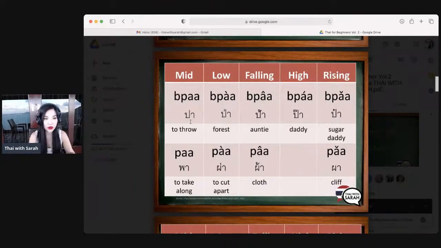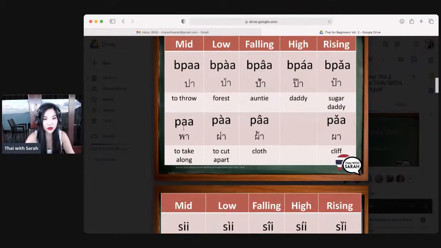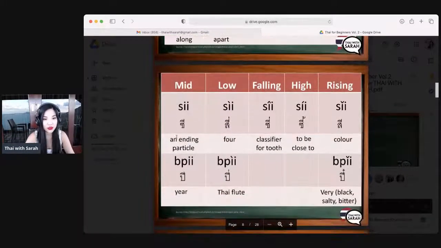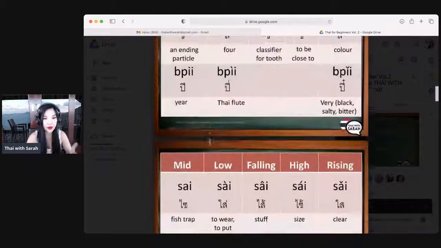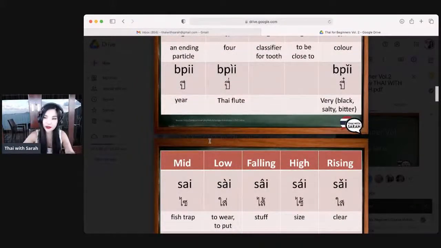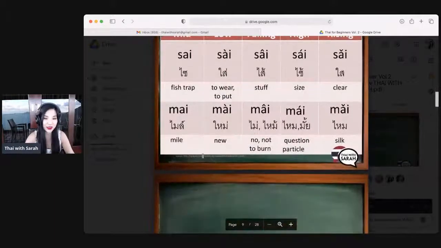Even though you don't know how to read or write yet, you get to see how they are written, or you can revisit this manual or presentation later. I'm going to teach all of this, going over it one by one. I usually engage every student in class, so if you're in my class, you get to speak. It doesn't matter if you like it or not. I'll have you speak at some point.